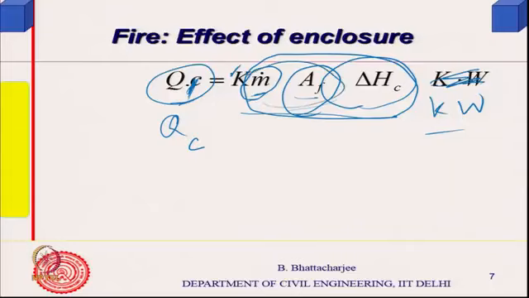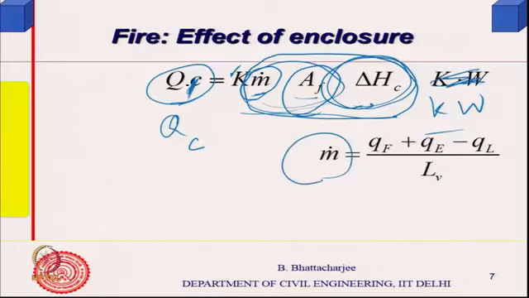Each unit mass generates this kind of heat, so the total heat generated per unit time is this, and K is for incomplete burning.